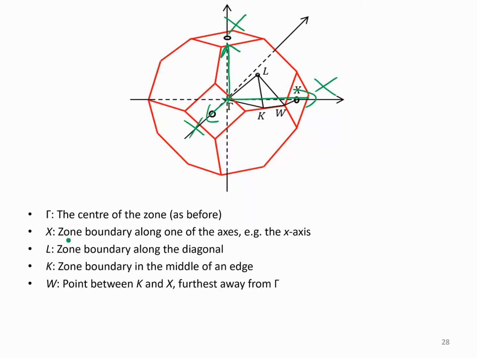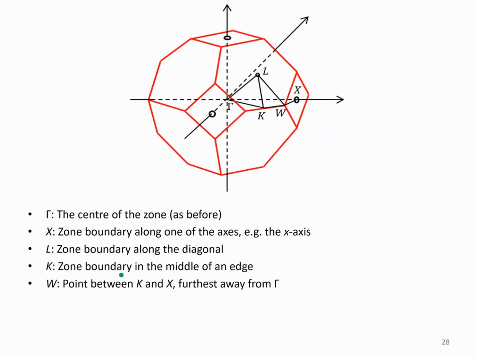As long as it is the zone boundary along one of the axes, x-axis, y-axis, z-axis, we all use the symbol X. Okay, for L, it is from the origin to the diagonal. This is L. Here also L. Here also L. Here also L. Okay.